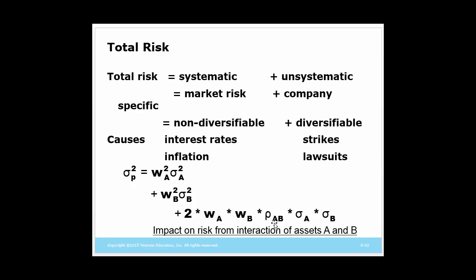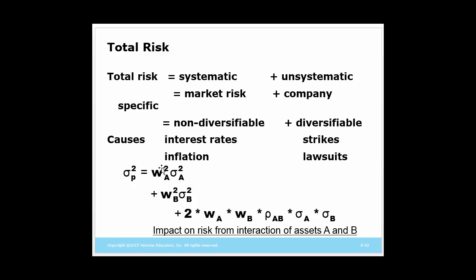If that was 1.0 or as big as it could be, there would be no elimination of risk at all. On the other hand, if it was 0, this whole piece would become 0, and obviously the risk now is less. Finally, if it was -1, this line item, since it's a product, would be as negative, if you will, as it could possibly be.